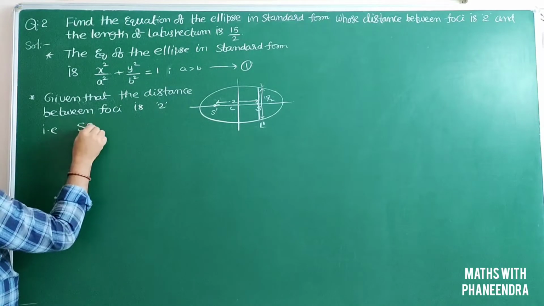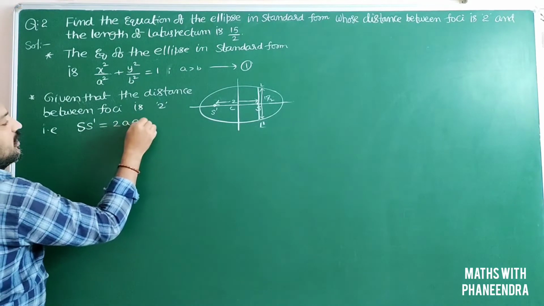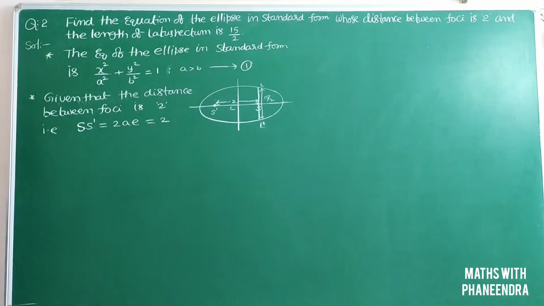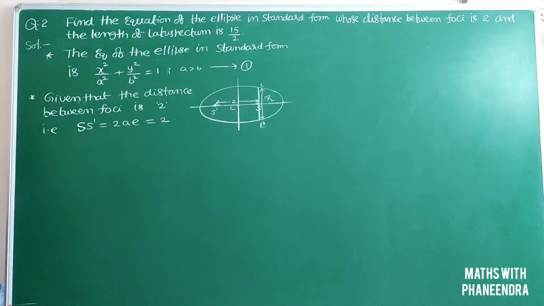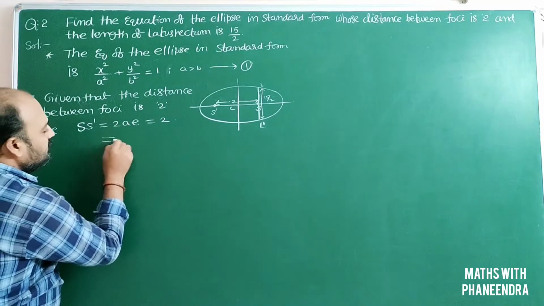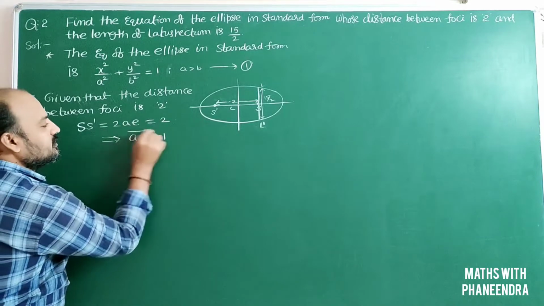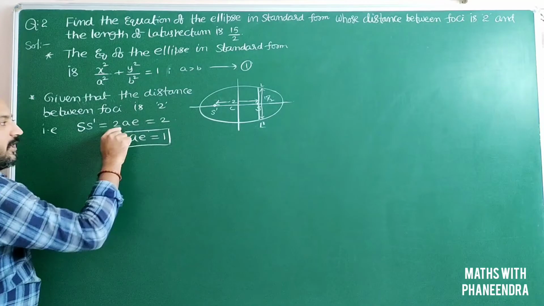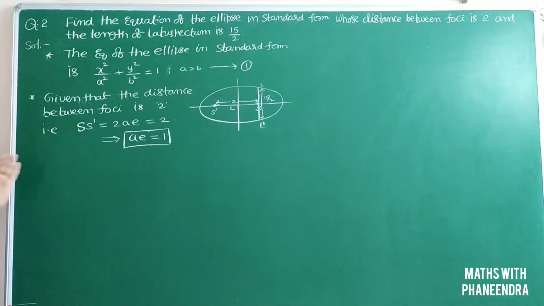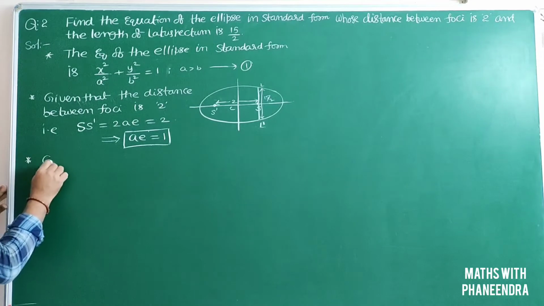That is SS dash is equal to 2ae, that is equal to 2. Formula for distance between foci is SS dash equal to 2ae. So that implies that ae is equal to 1, 2 get cancelled, both sides. So 2ae is equal to 2, 2 get cancelled, ae is equal to 1. Keep it like this.